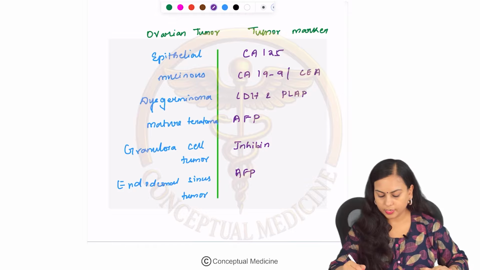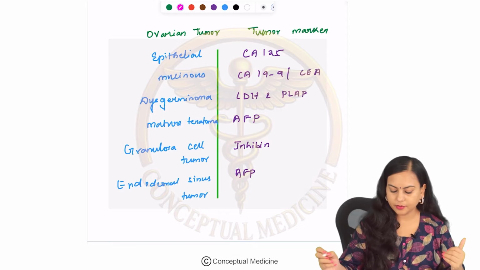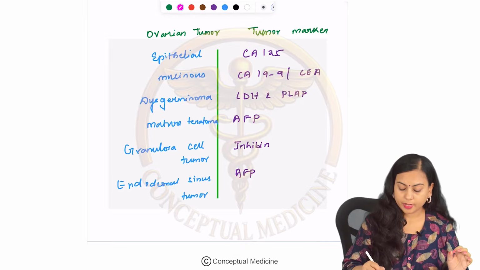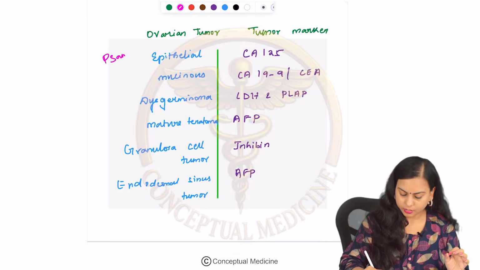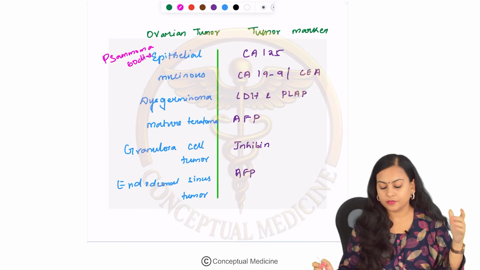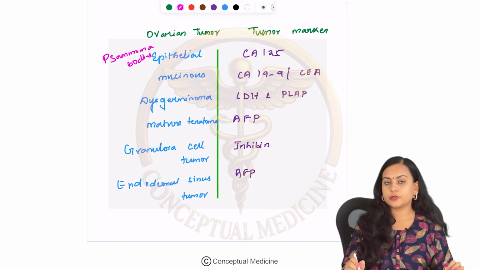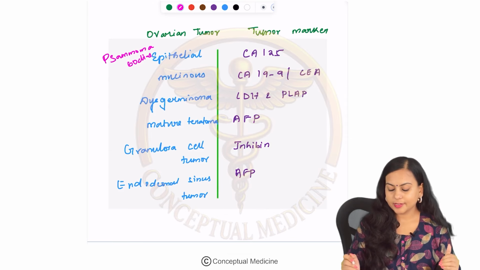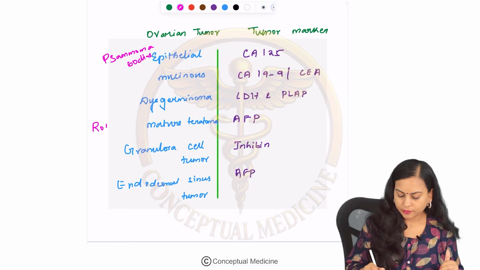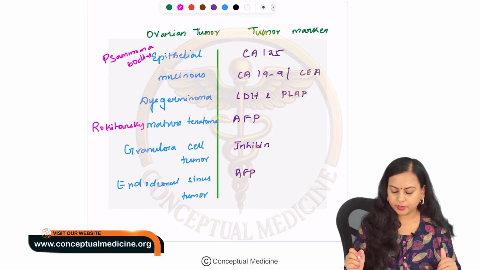Now let me also tell the pathognomonic findings that we have seen here. In the epithelial tumors, it is your psammoma bodies. In dysgerminoma, there will be lymphocytic infiltration, right? In mature teratoma, you will be able to see all three germ layers, and along with it the Rokitansky protuberance, right?